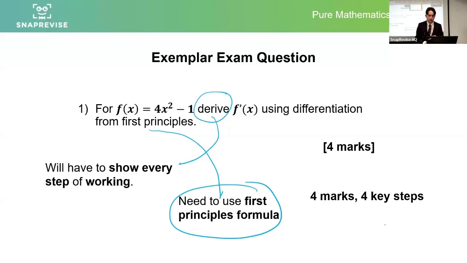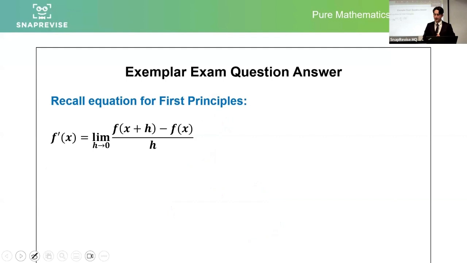Let's go from first principles. First thing I'm going to write out is the first principles formula, which is given. We are going to apply it to that function. The f of x in this situation was 4x squared minus 1. It takes an input x, squares it, times it by 4, and minuses 1.